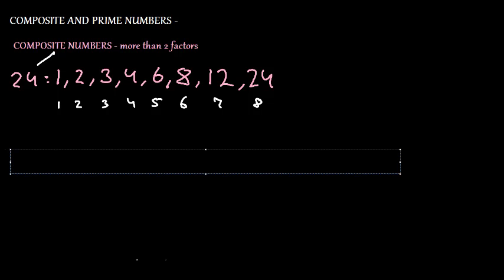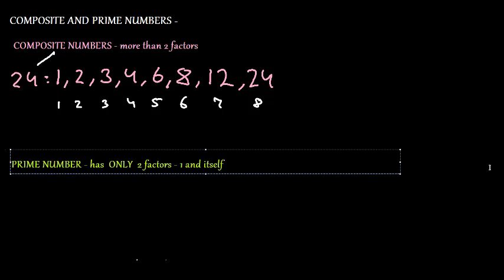Okay, so now let's talk about prime numbers. A prime number is a number that has only 2 factors. And those 2 factors are 1 and itself.